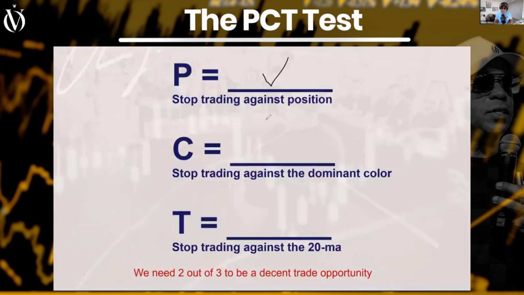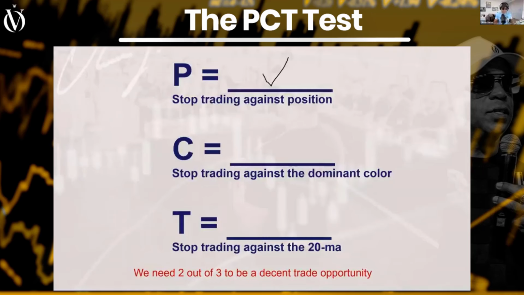Is the dominant color in my favor? Because you can still be buying above the moving averages, but the dominant color is red. So your stock has gapped up in the morning above everything, but it's doing nothing but dropping after the open. But you want to buy it. And so you're buying above the moving averages because of the gap, but the stock's dropping and it has nothing but red bars.